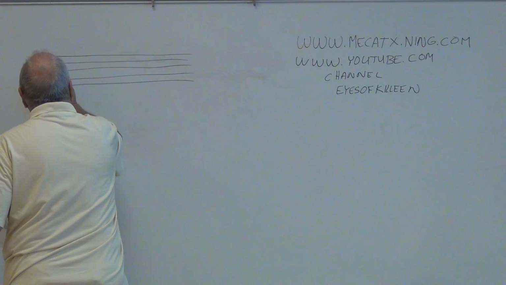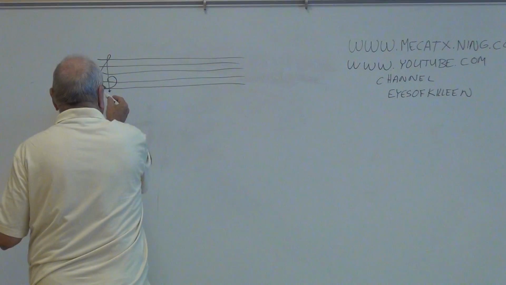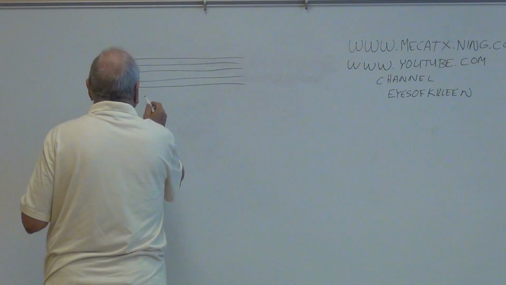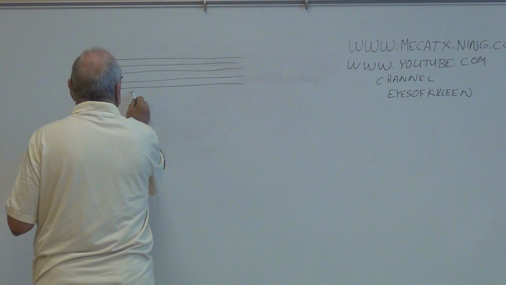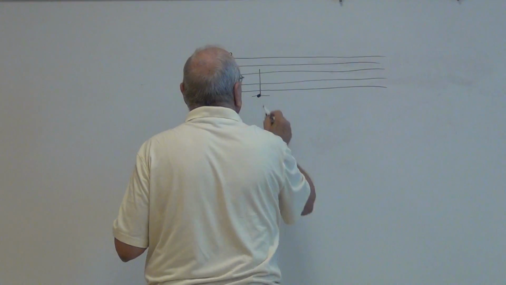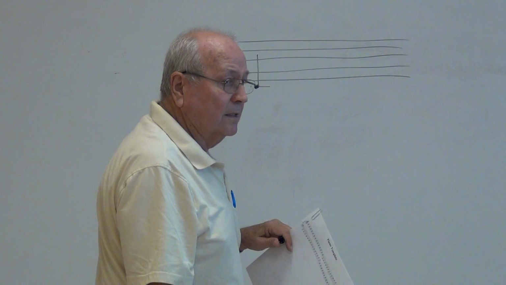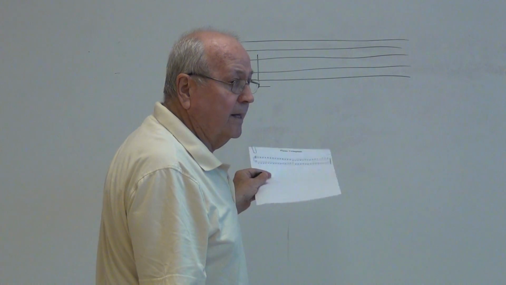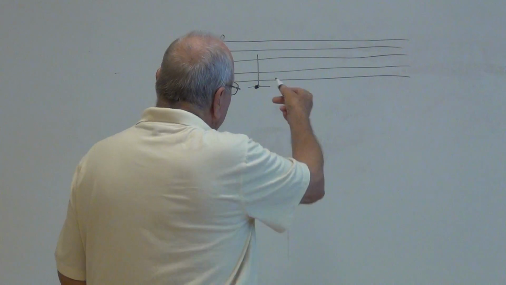This is the sign for the treble clef, and you'll see notes like this would be middle C, but they might take you down into the bass clef, but they're going to leave the notes written in the treble clef.